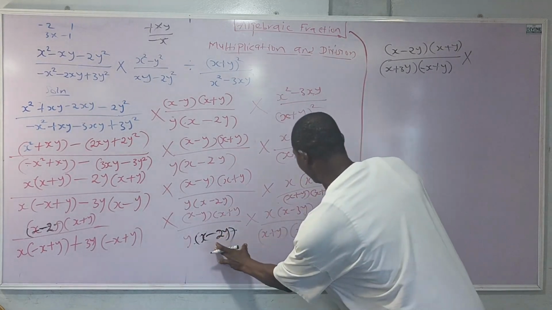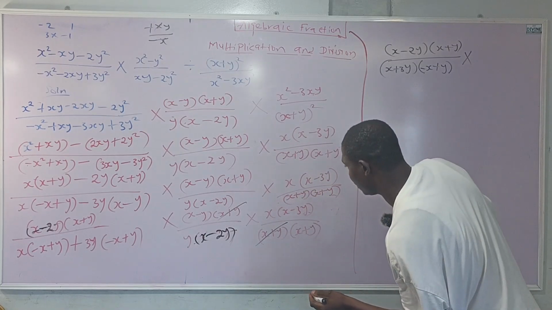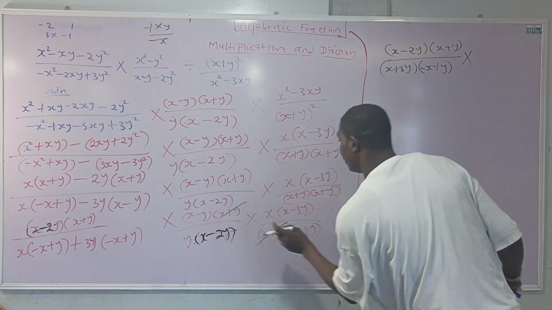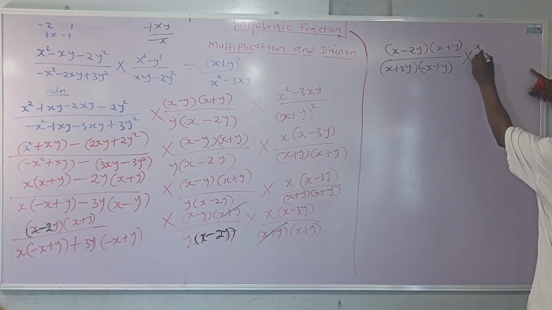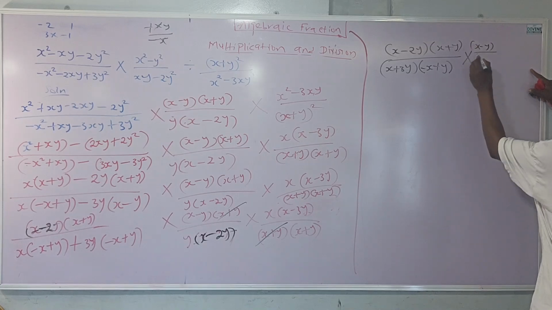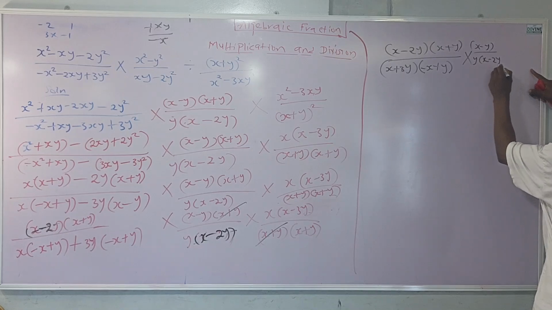We can cancel this side to save space. This can cancel this. What else can cancel? Nothing for now. So we have x minus y all over y bracket x minus 2y.